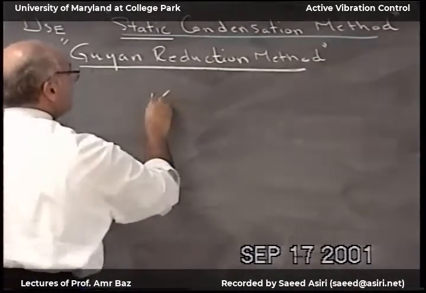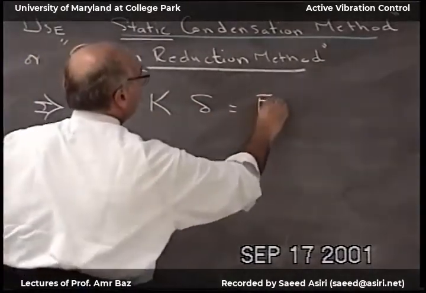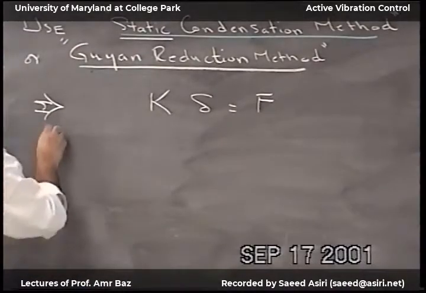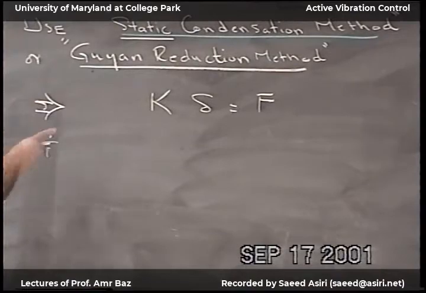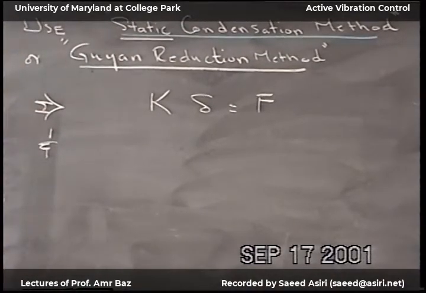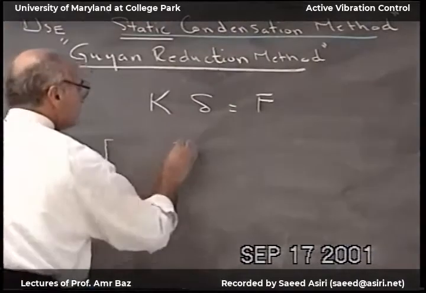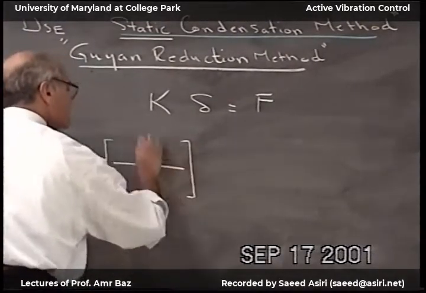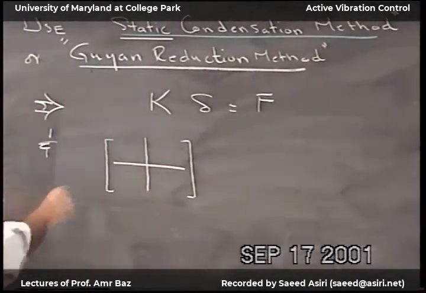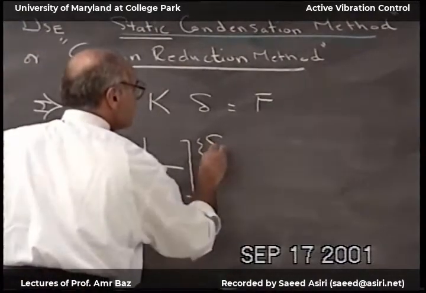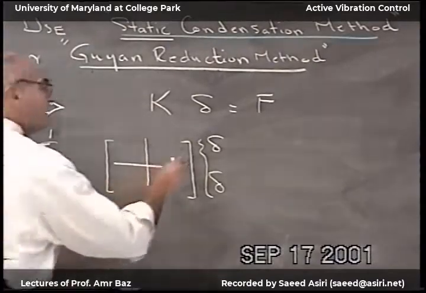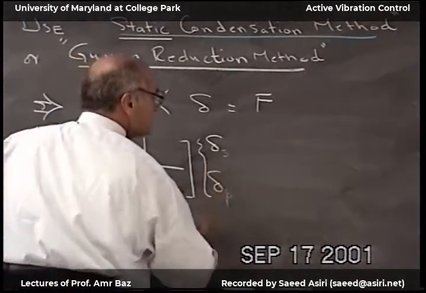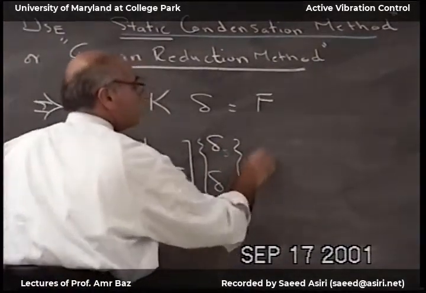Then we have K delta equal to F, and the reduction will be based on the following. I'll take the full order stiffness matrix of the system and break it down into several block matrices corresponding to the degrees of freedom that we specify as secondary and as primary.